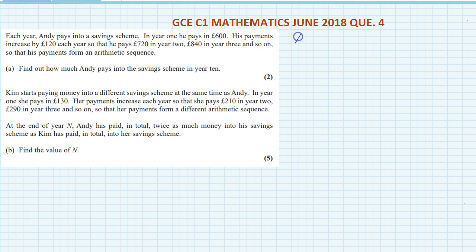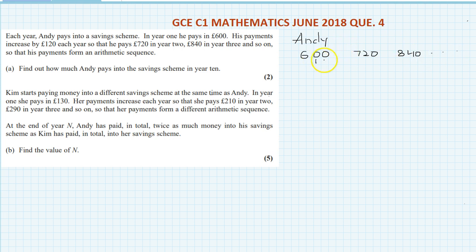So first we have Andy, and he is saving in the first year 600, then 720, then 840.